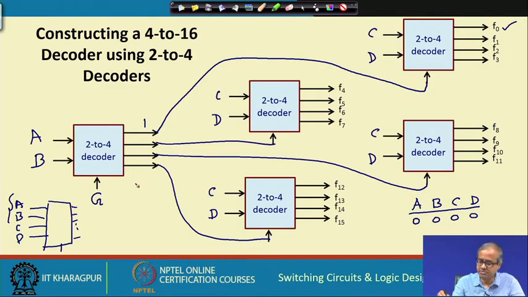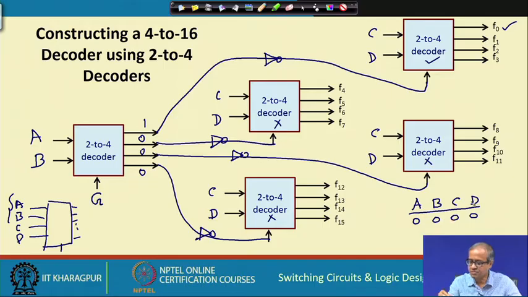If we consider the convention that we have followed, then we will be connecting a NOT gate here. Let us assume there is also a NOT gate in between here, they are connected via NOT gates. So, if this is 1, this decoder will be selected, but these are all 0 0 0. So, these enables will be 1 1 1, these are not selected, not selected, not selected, and C D is also 0 0. So, C D is 0 0 means F 0 will get selected.